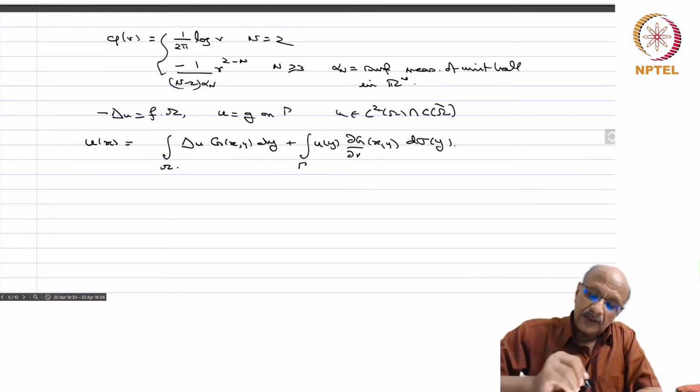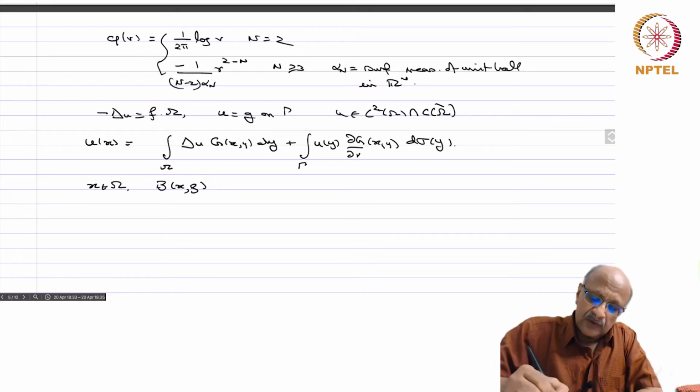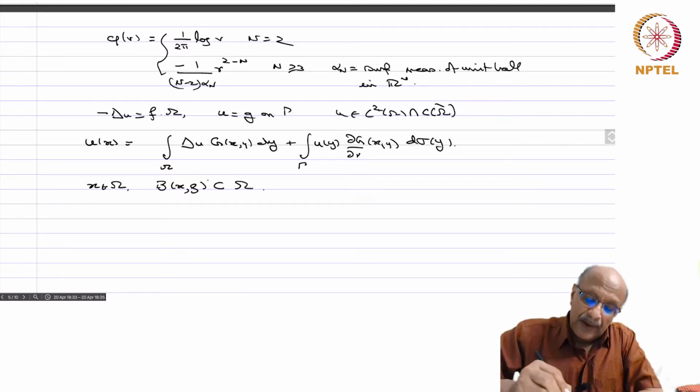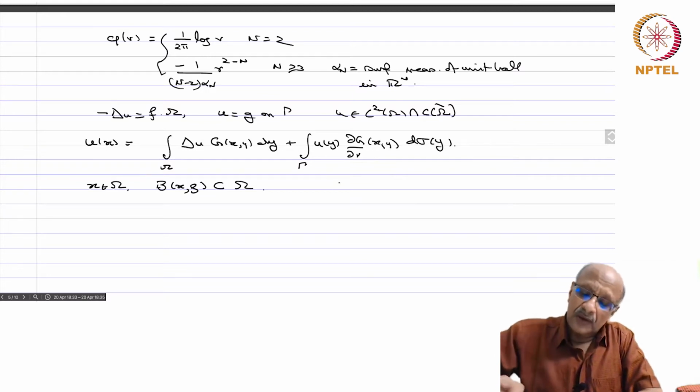So we now look at x in omega and we take rho such that B(x, rho) is contained in omega, and we apply this formula to B(x, rho). Now what is the Green's function in B(x, rho)? If you have a ball, how did we define it?